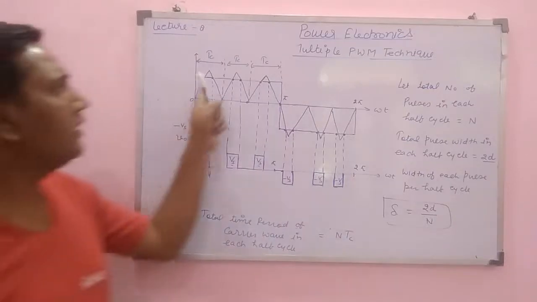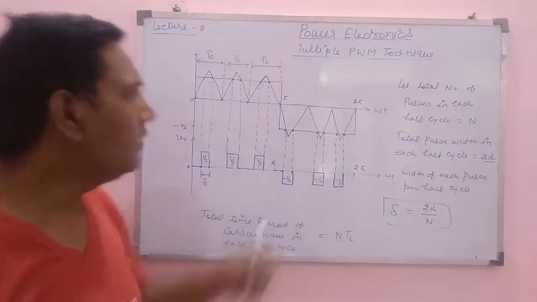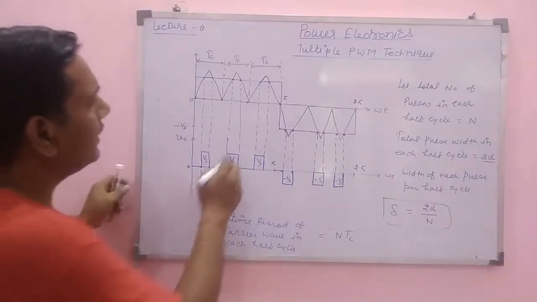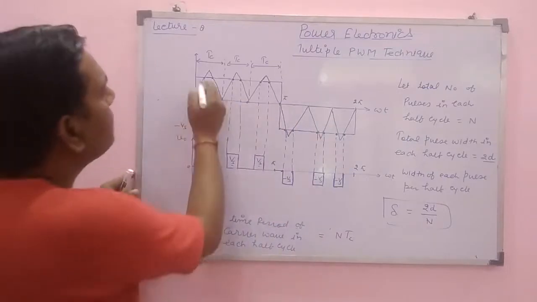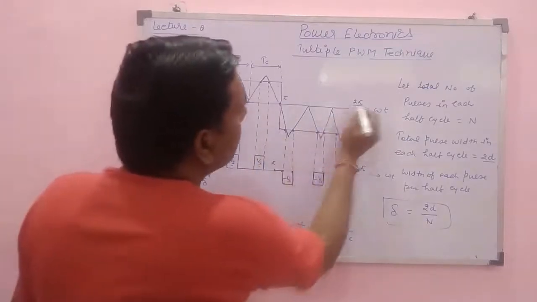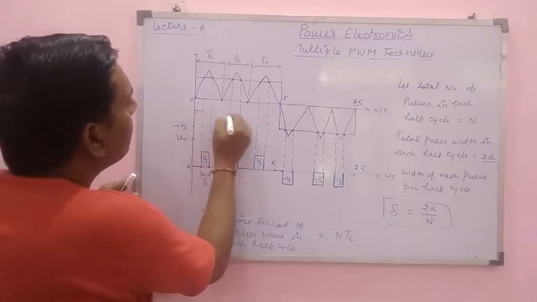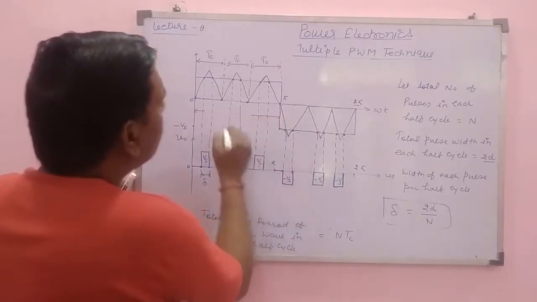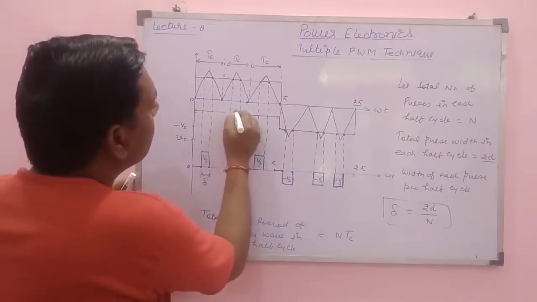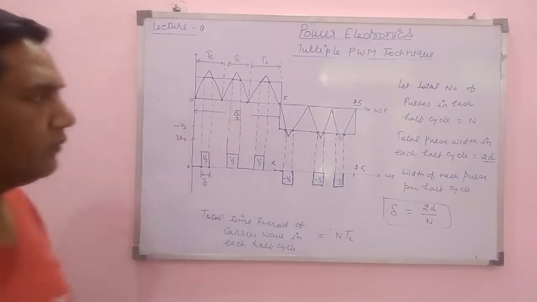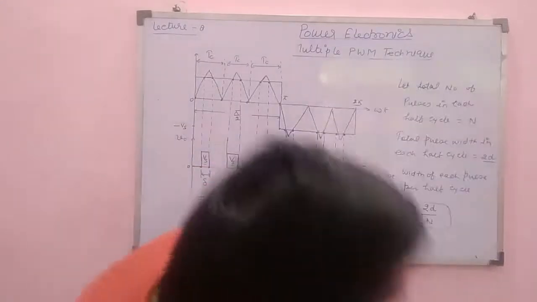So the total time period of the carrier wave in each half cycle is equal to n Tc. Now see here, the total time period of this reference wave is equal to how much? It is equal to 2 pi. So the time period of this carrier wave, how much is this? This is pi by 2. Okay, so we can calculate the number of pulses.